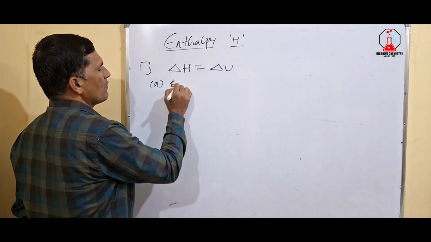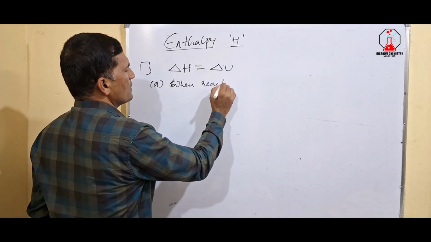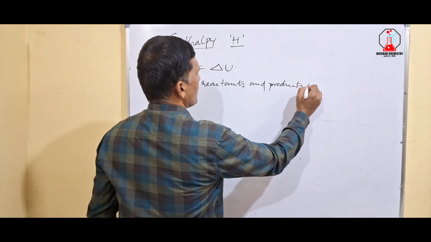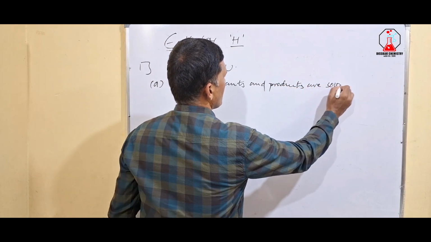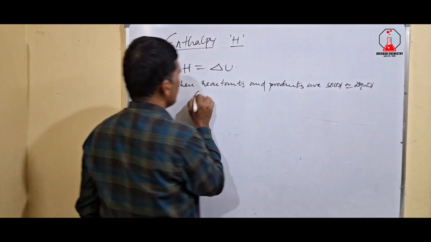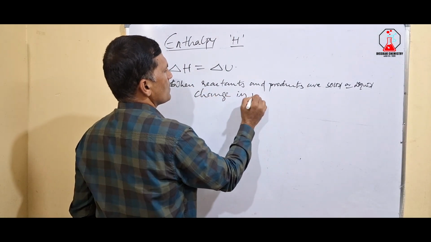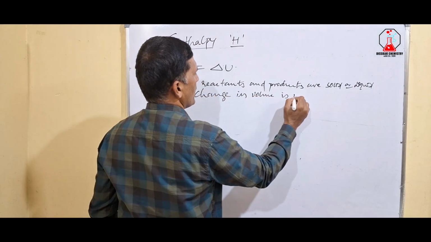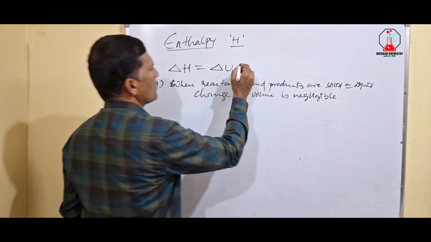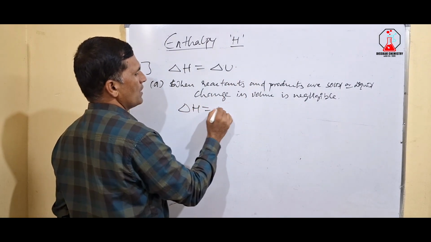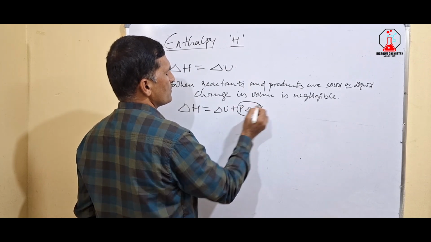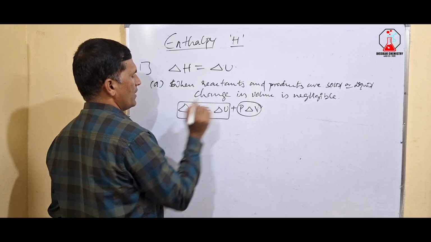Condition number 1: when reactants and products are solids or liquids, then change in volume is negligible. Then in delta H is equal to delta U plus P delta V, change in volume being negligible means this whole term becomes 0. So therefore your delta H will be equal to delta U.